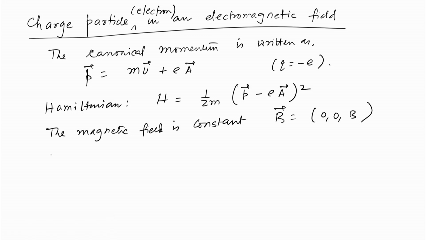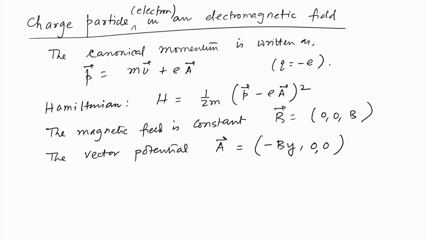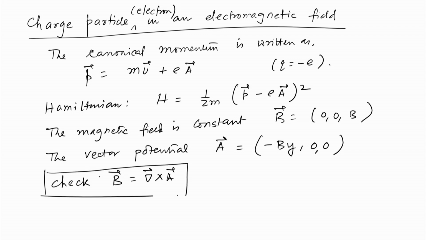So, for this form of the magnetic field, the vector potential can be chosen as A equal to (minus B y, 0, 0). So, it is only there in the x direction with the position coordinate y, and you can check that B equal to curl A is satisfied, because that is an important relation, and this you need to check.